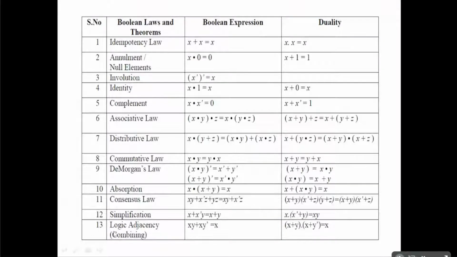Next one is logical adjacency, or combining: xy plus xy bar can be written as x. Similarly, x plus y dot x plus y bar can be written as x. These are some of the laws that can be used for Boolean expression simplification.